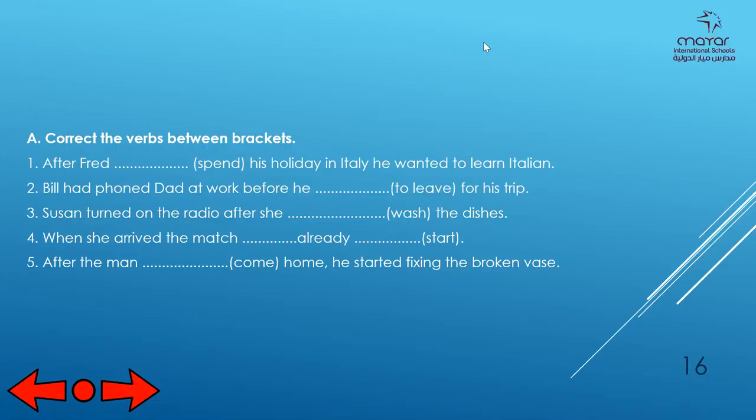Okay, can you do the first one? After Fred had spent his holiday in Italy, he wanted to learn Italian. Thank you. Wanted. And you have here after. We said after is followed by had plus past participle. So after Fred had spent. After he had spent.